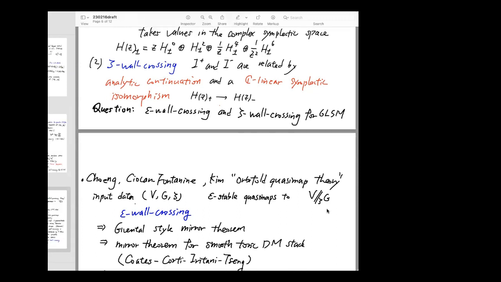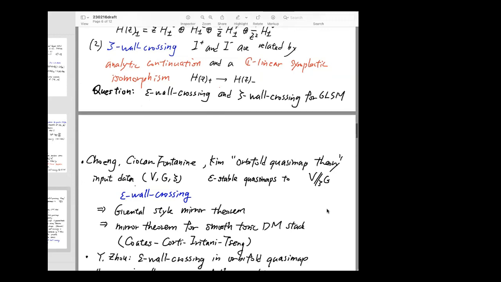Zhou, Ciocan-Fontanine, and Kim prove epsilon wall crossing, which implies the Givental-style mirror theorem. In particular, when G is abelian, this implies the mirror theorem for smooth toric Deligne-Mumford stacks by Coates, Corti, Iritani, and Tseng.